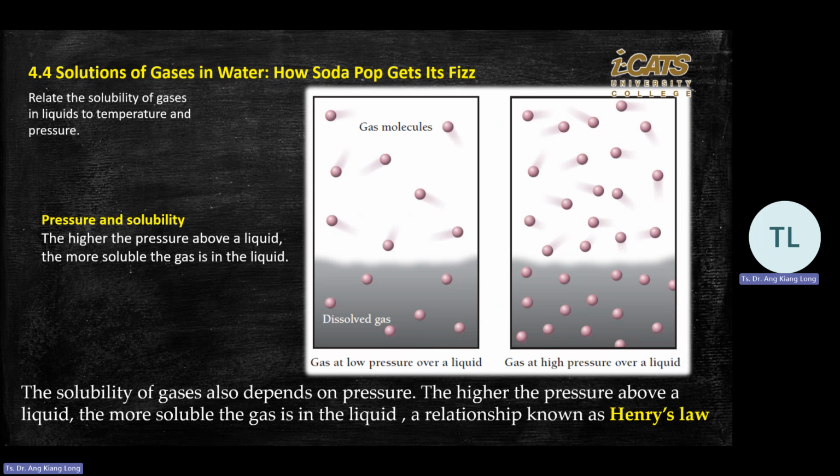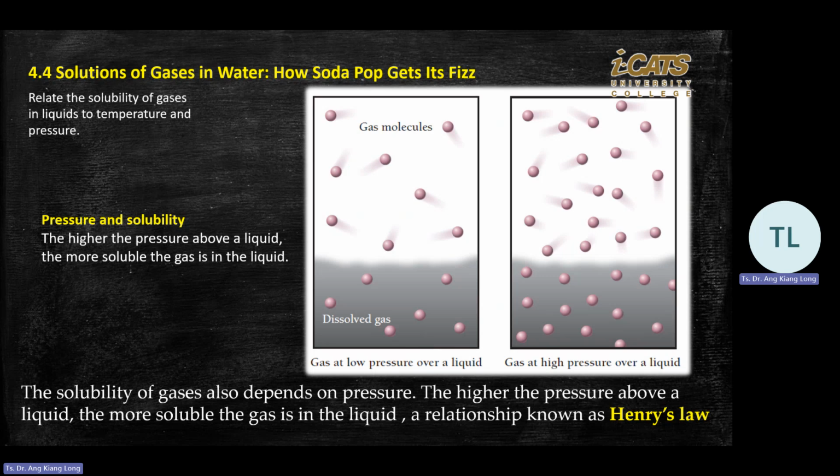Here we want to highlight Henry's law. In one of the test questions or final exam questions, it will ask you to define a certain law. If it asks you about solubility and pressure, you need to bring out Henry's law.